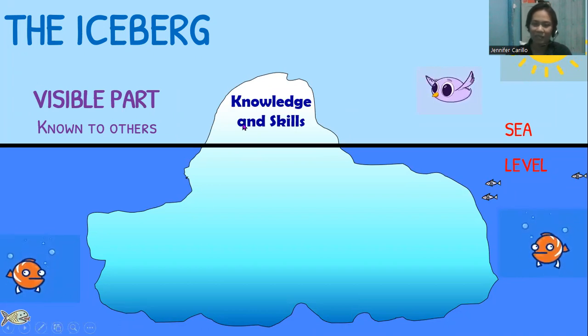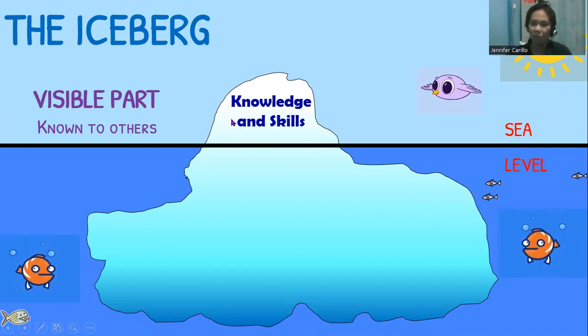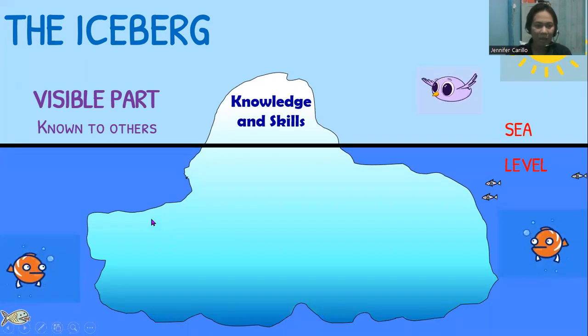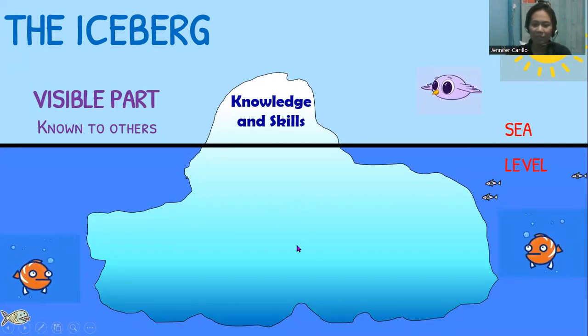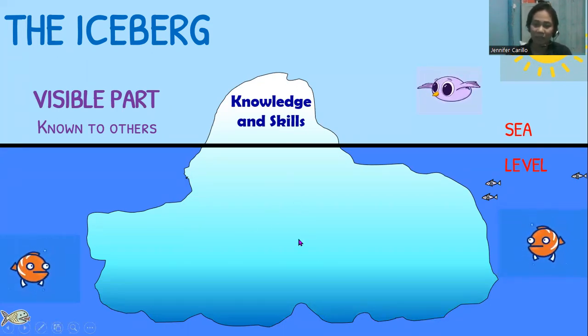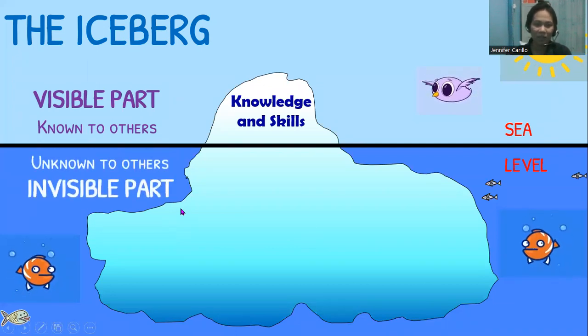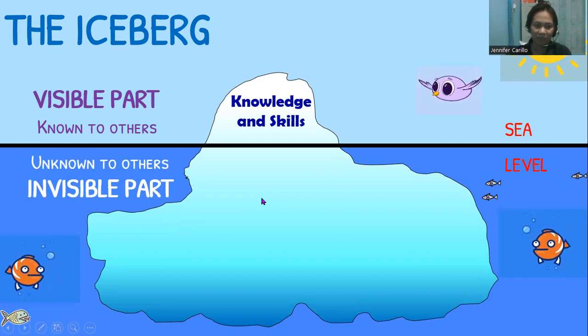They can identify the knowledge we can share with them and the skills we demonstrate. However, there is a 90% that we possess that they cannot see. We call this the unknown to others part of the iceberg, or the invisible part.